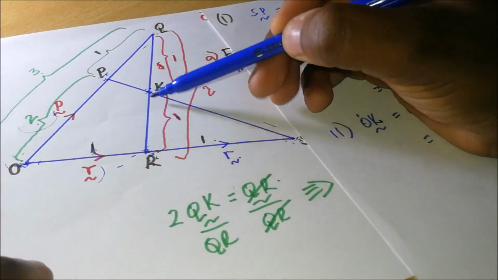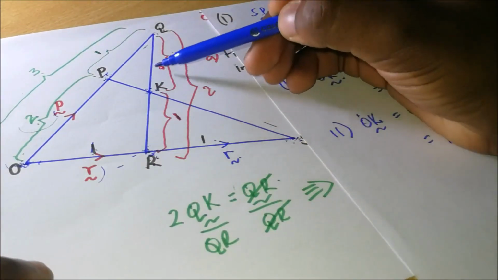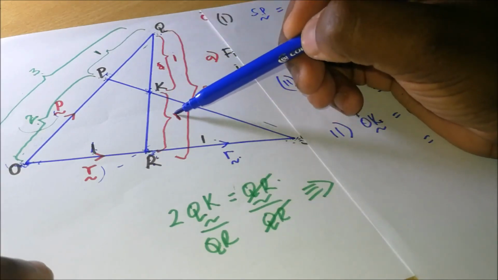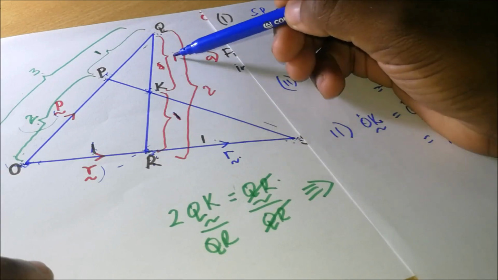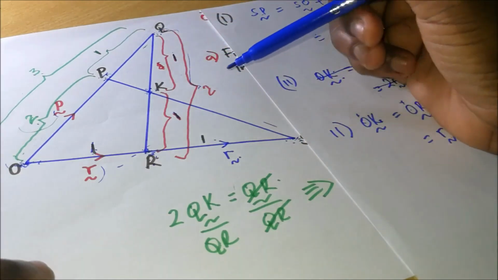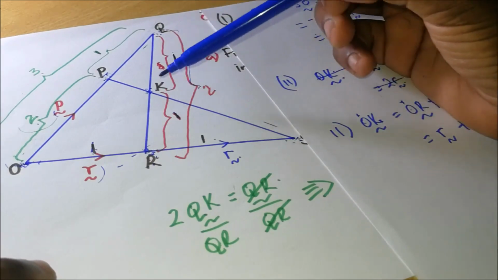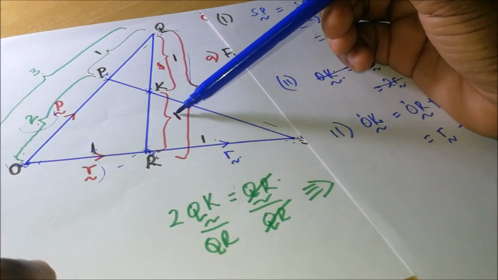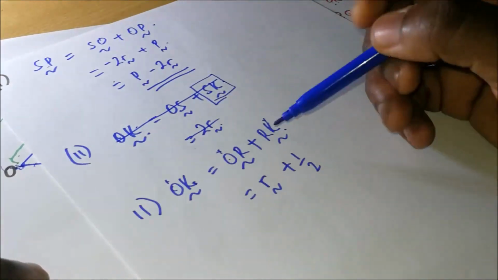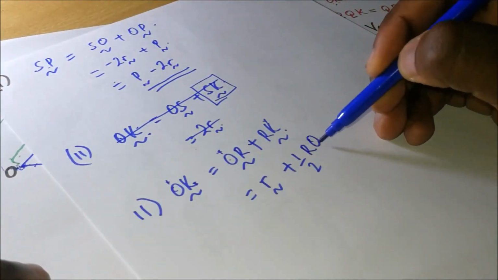RK is a half of this whole line, RQ. We are getting that information from the ratio, because this is 1, and the whole bit is 2. We got this from our information at the beginning of the question. So RK is 1 over 2 of RQ.